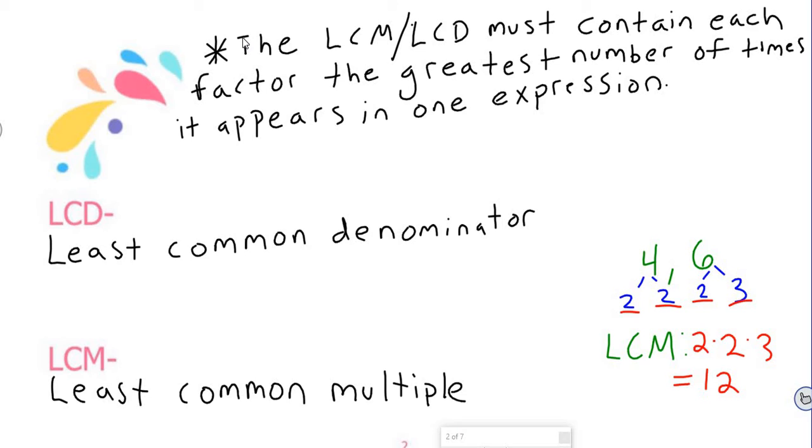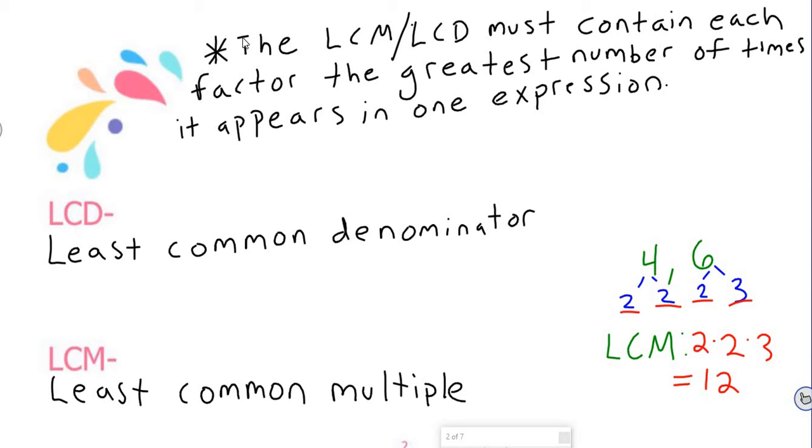But my least common multiple has to have the greatest number of times it appears. 2 is bigger than 1, so it has to appear twice. Agreed? And then 3 appears 0 times in my 4 and 1 time in my 6. Which one of those is bigger? 1. So we have to include it 1 time. You all with me?